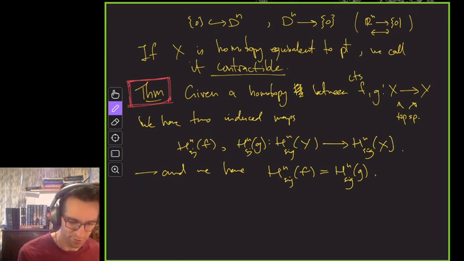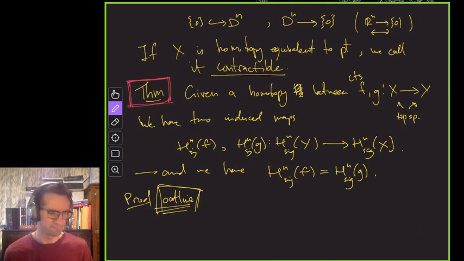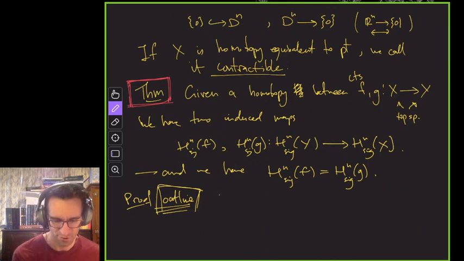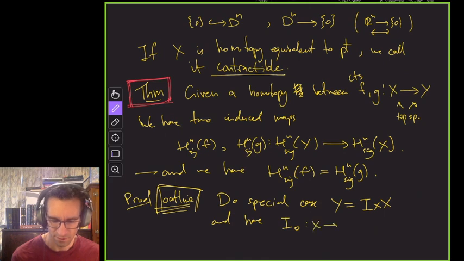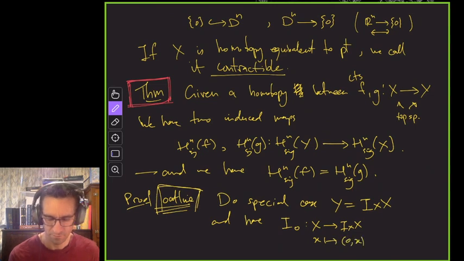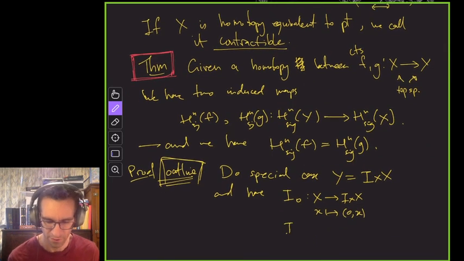So there's a vague proof outline, very vague. You first reduce to the special case where the homotopy is defined on I times x, and you have the following functions, i0, which goes from x to I times x, and i1.